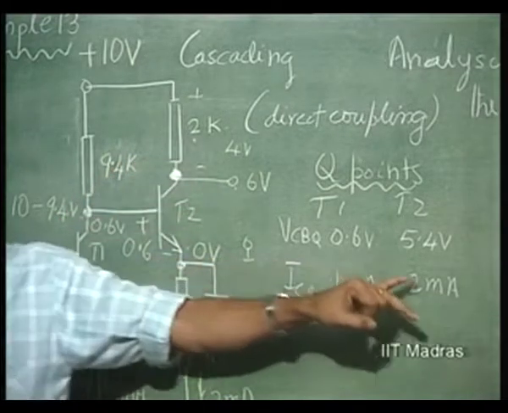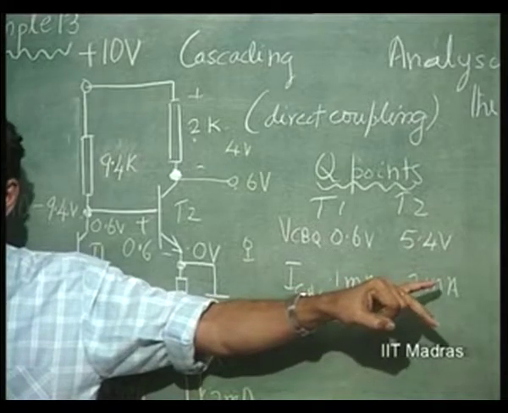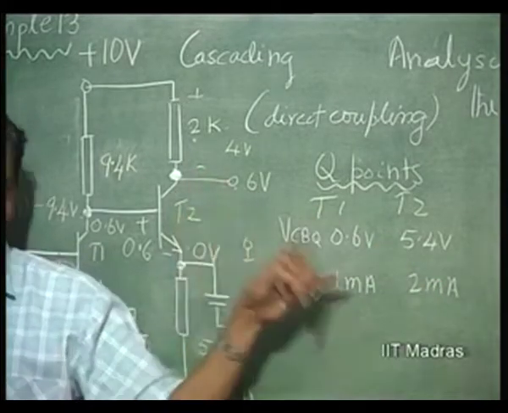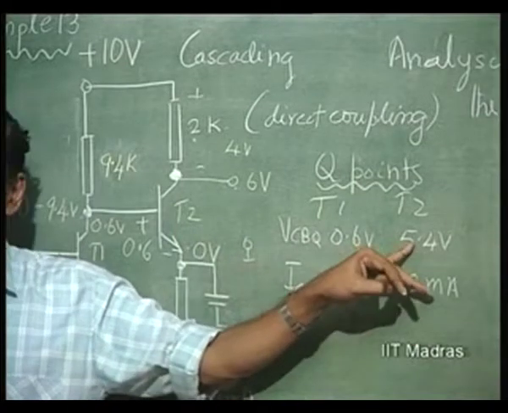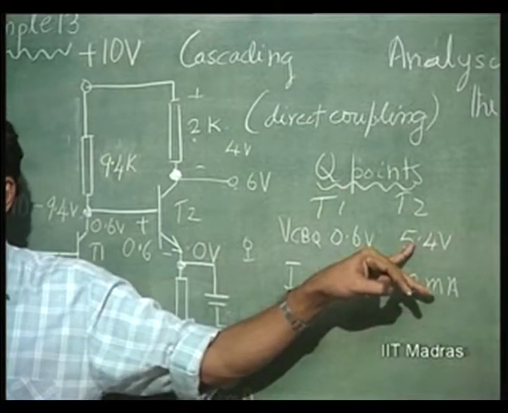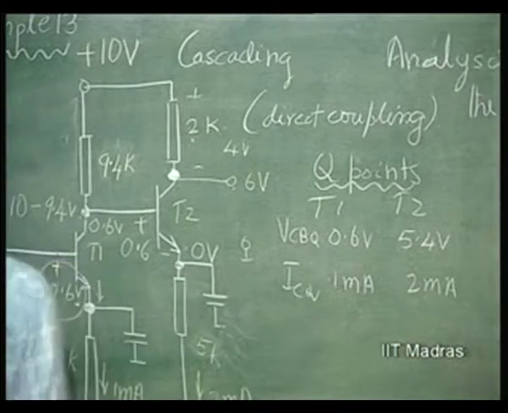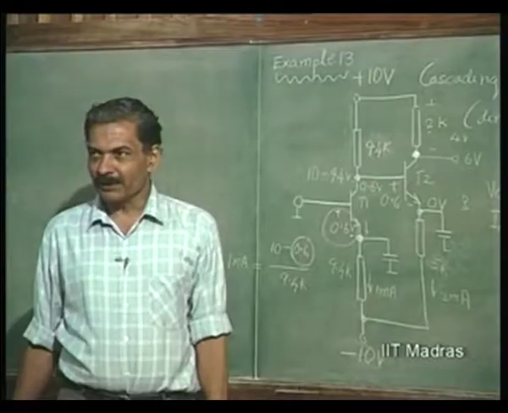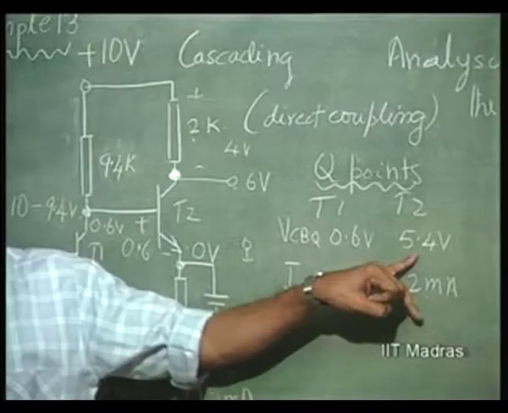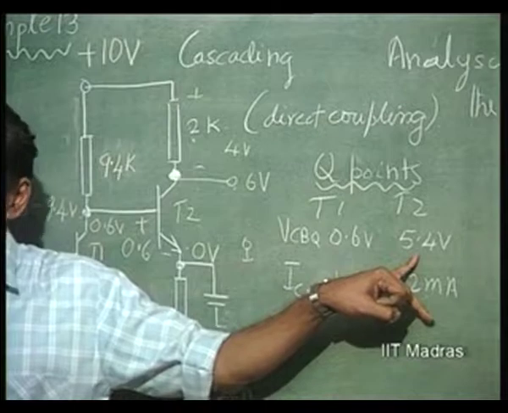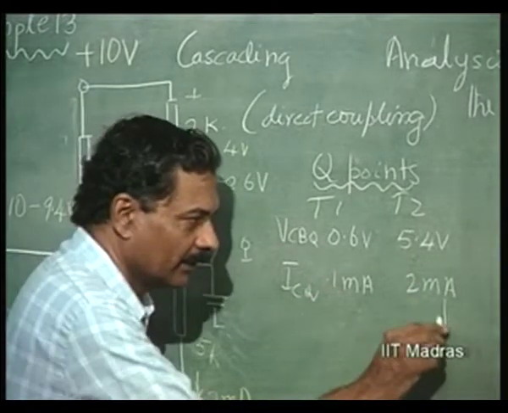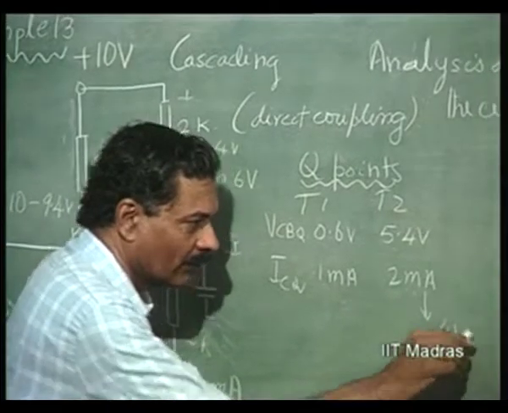So, on one side limitation due to cutoff can go up to 4 volts here, because of this, and because of this it is limited to 5.4 volts. So, limitation occurs due to transistor going to cut off earlier, if you are talking of symmetric swing, than the transistor going to saturation. So, the swing here due to this is 4 volts.